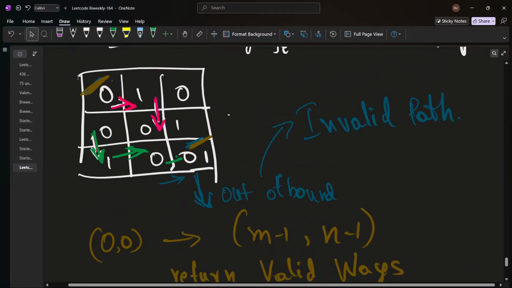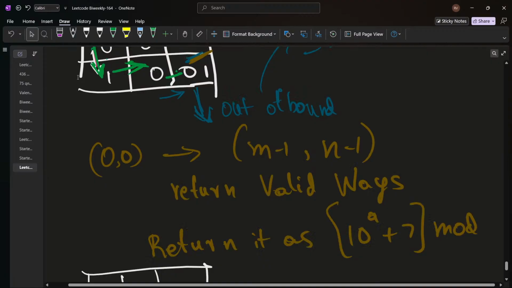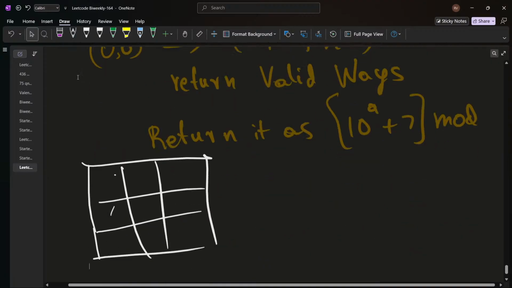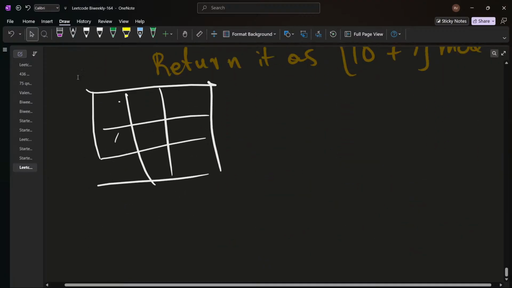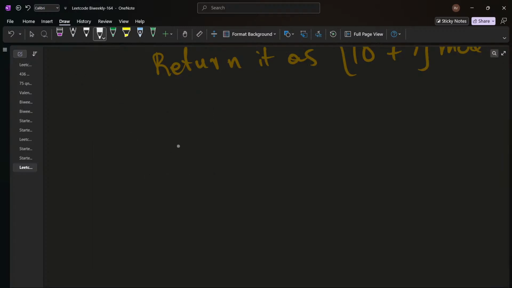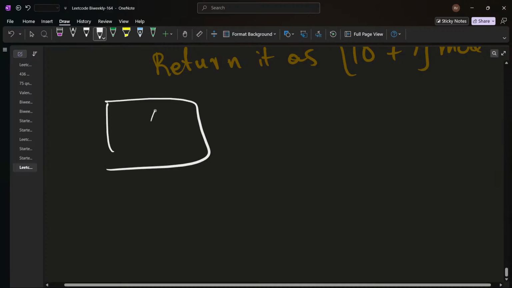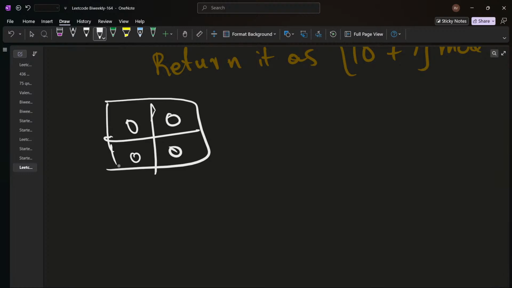Without checking, I took the same as given in the example. It was fine. Now I'll change it. Fine, I'll take a 2 cross 2 this time. All the values are zeros.